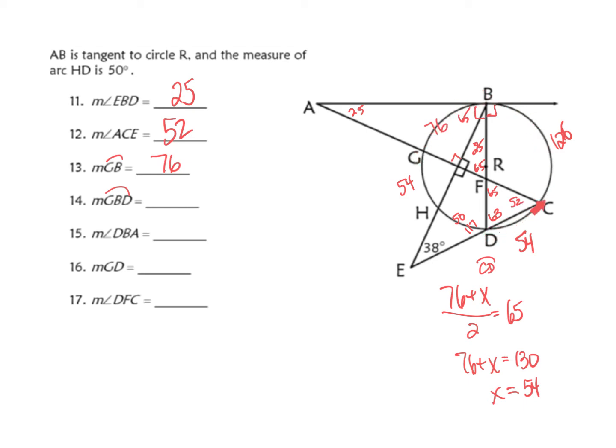So it's everything except for this 104. That gives me 256. Angle DBA is 90. Arc GD is 104. And angle DFC is 65.